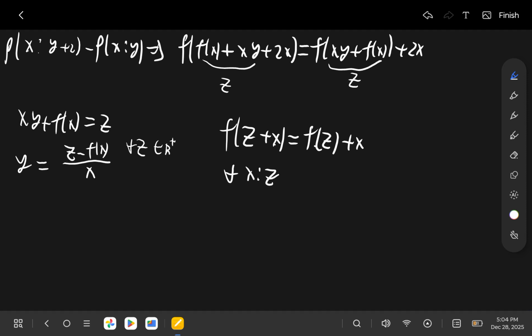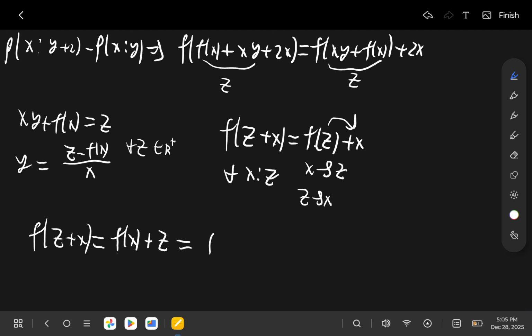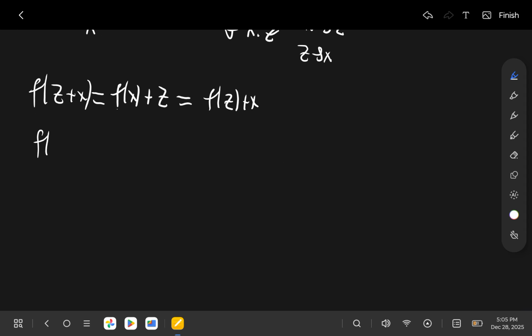So we can switch places. So let x be z and let z be x. So we get f(z + x) also equal to f(x) + z, which was equal to f(z) + x. So we get that f(x) minus x equals f(z) minus z for every x and z, which means that this is constant.